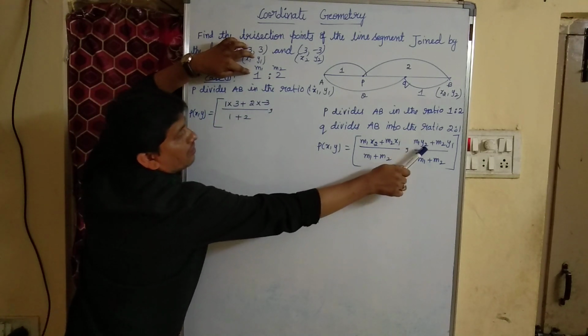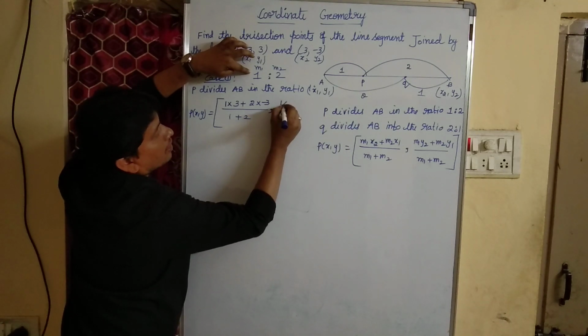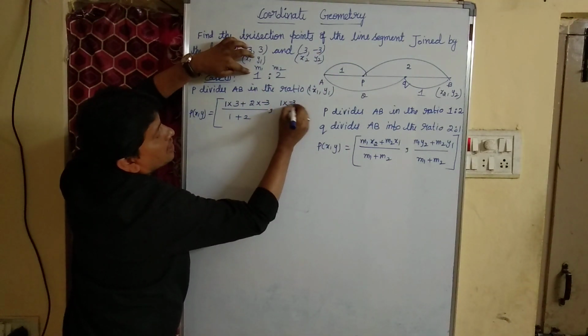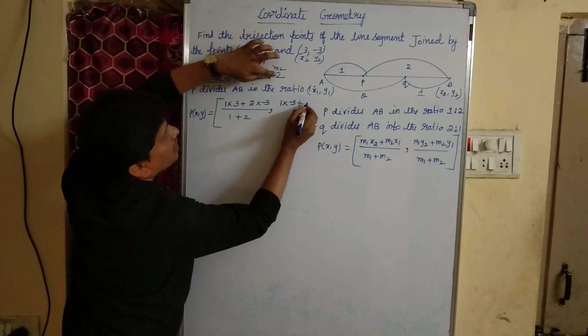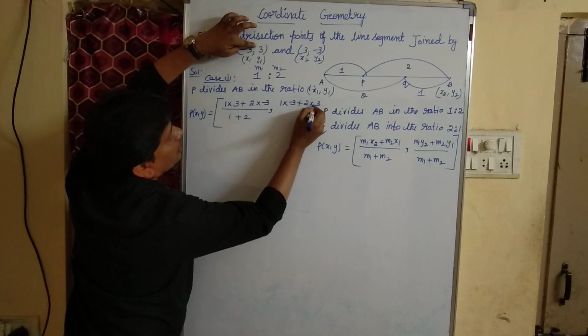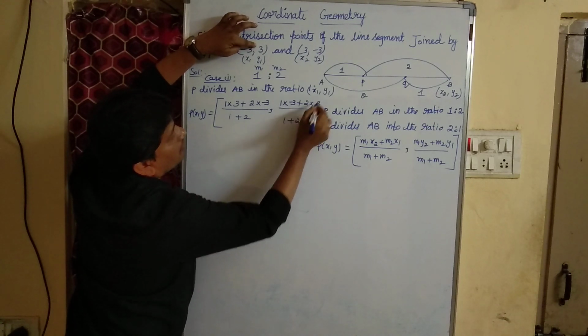Comma, m1 y2, m1 value 1 into y2 value -3 plus m2 y1, m2 value is 2 and y1 value is 3 divided by 1 plus 2.